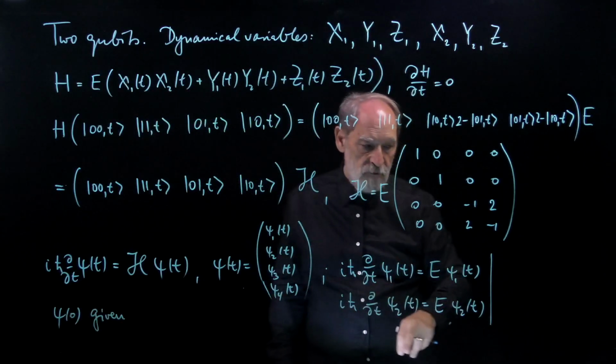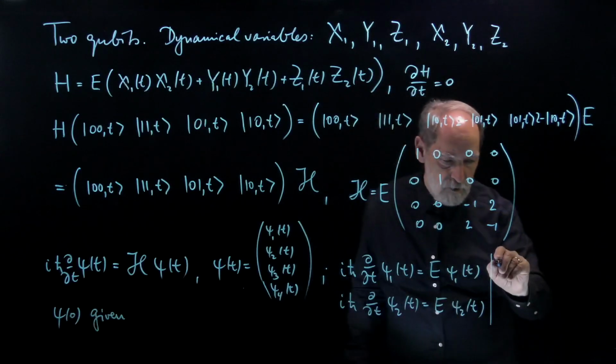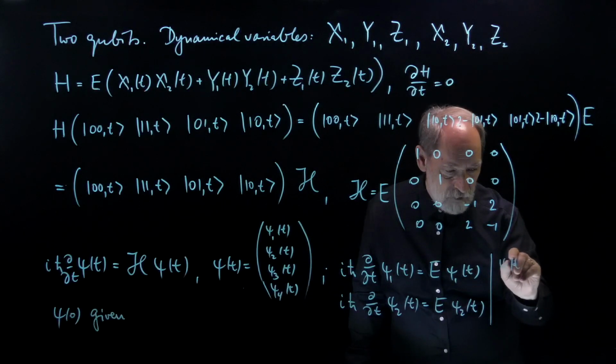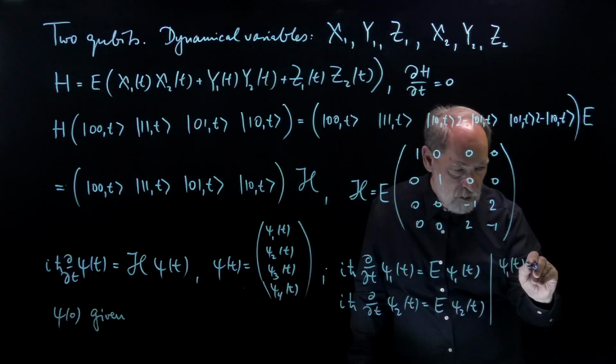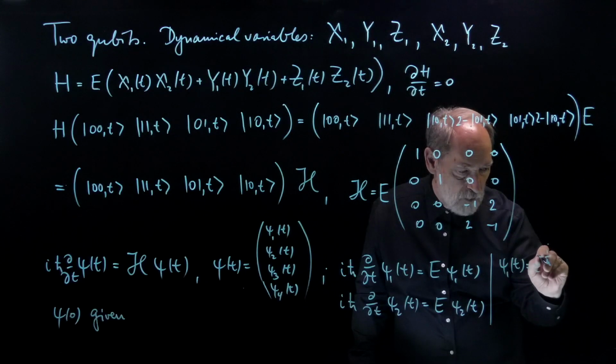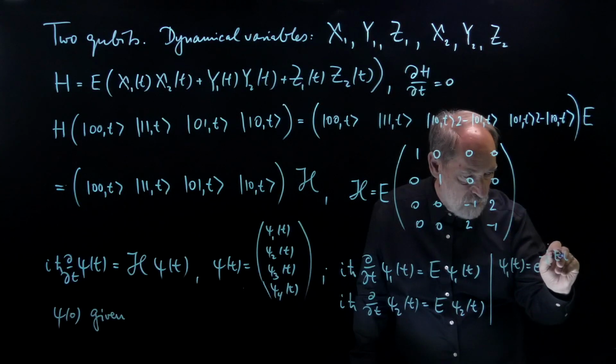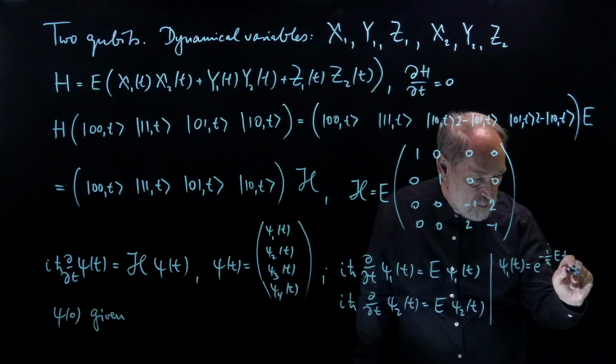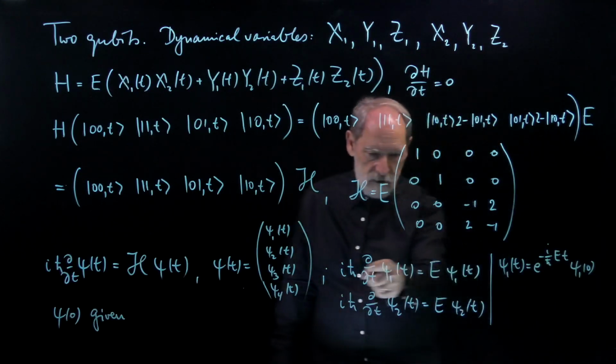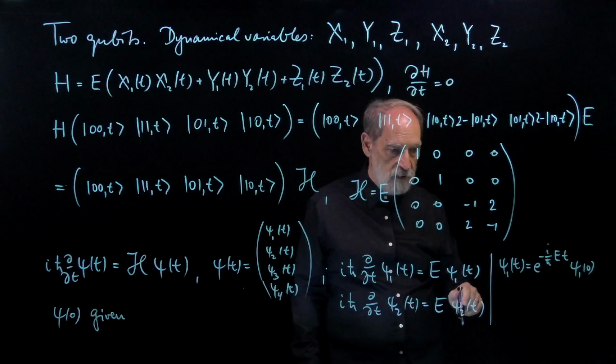Well, it's easy for psi 1 and psi 2 because we just find that psi 1 of t is equal to e to the minus i divided by h bar, the energy times the time that has left, times psi 1 at 0, because this is a very simple differential equation.